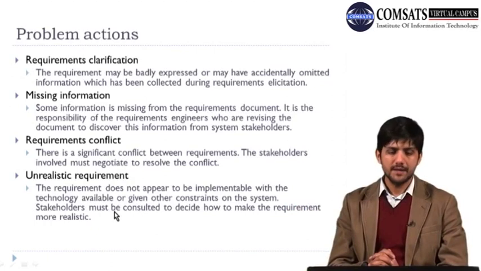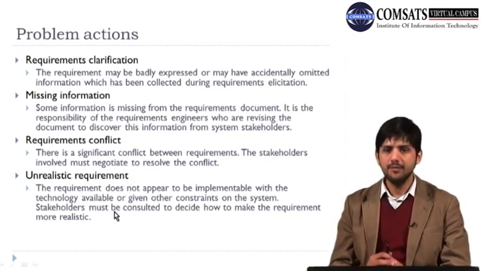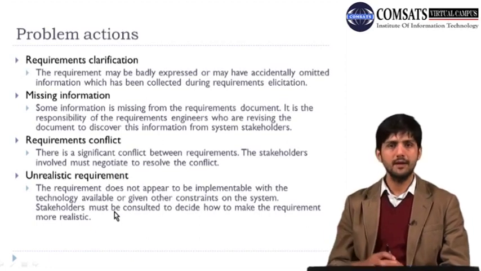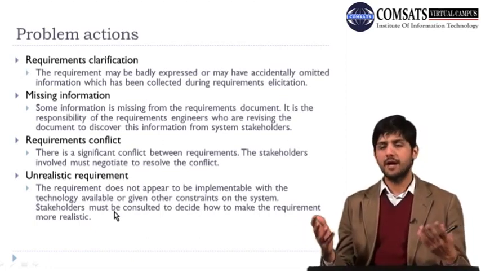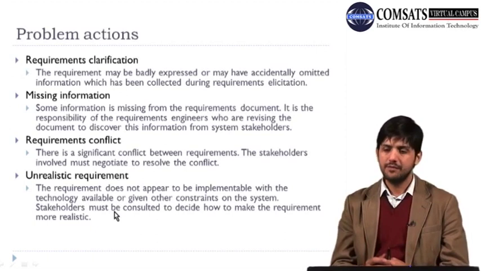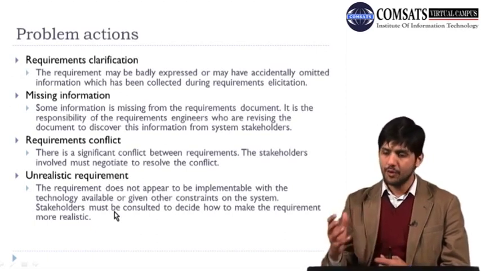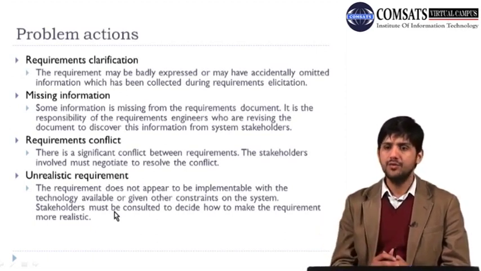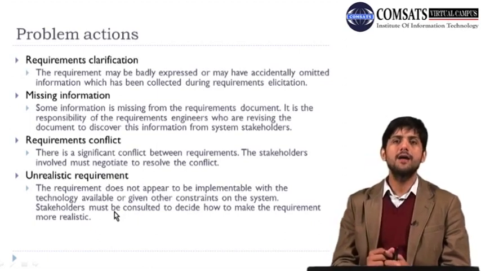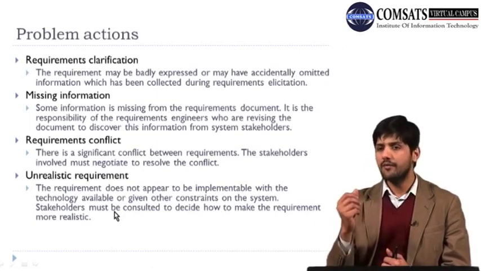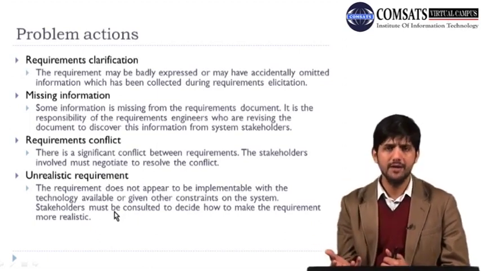So the final problem action is for unrealistic requirements. So let's say people identify that some of the things you have written in the document cannot be achieved within the amount of time and resources that you have. So for example, you have promised too many things, and you do not have the budget for it, and you do not have the time for it.